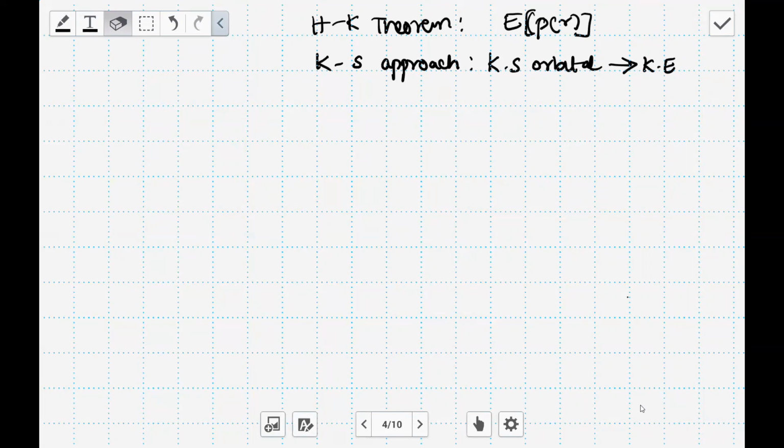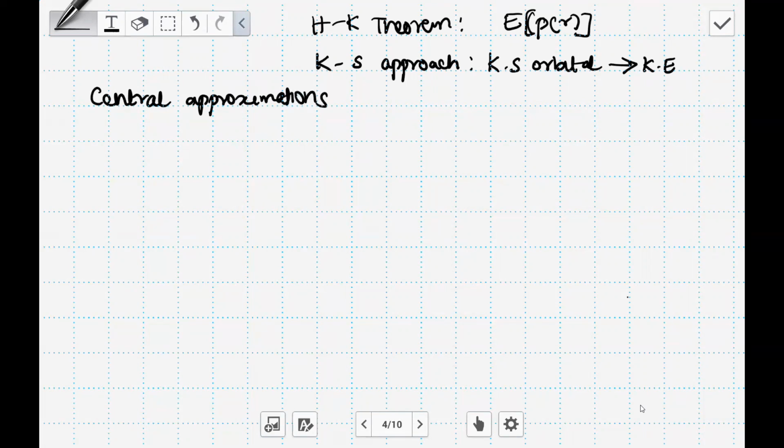Then what is still open is how do you determine the exchange correlation function. Okay, even now the central approximations are in the forms of exchange and correlation potential.